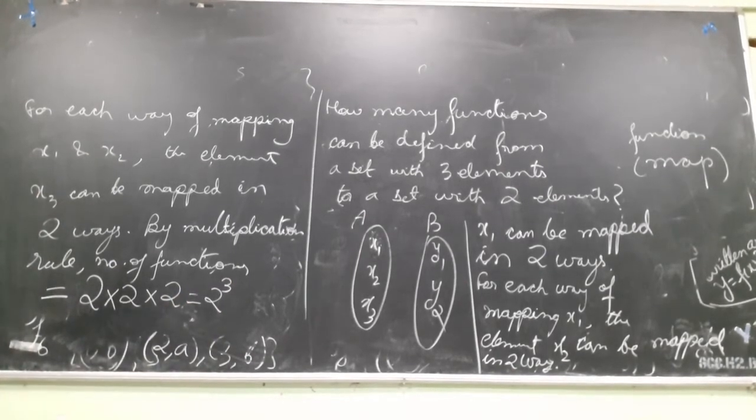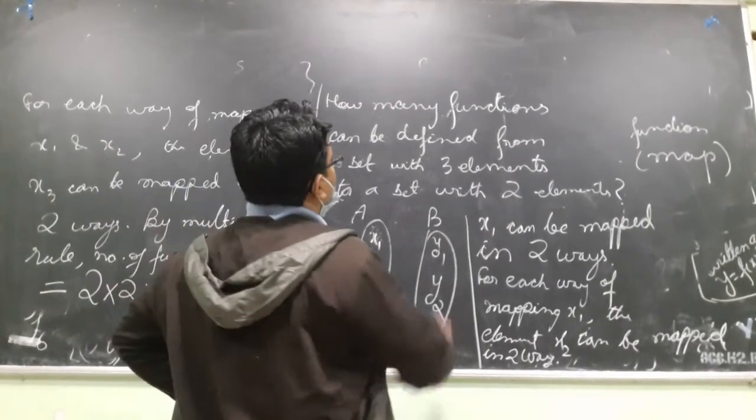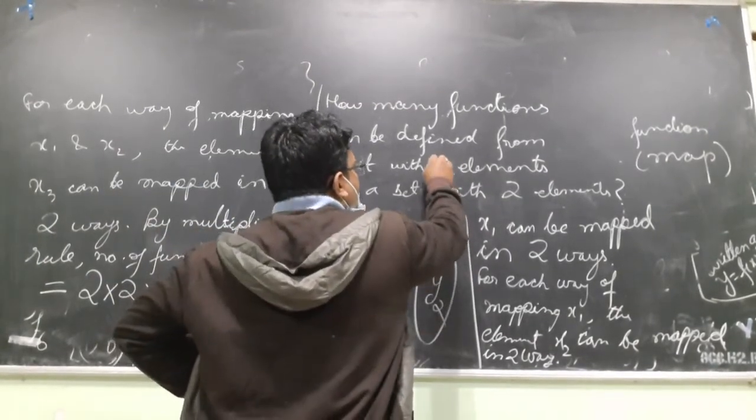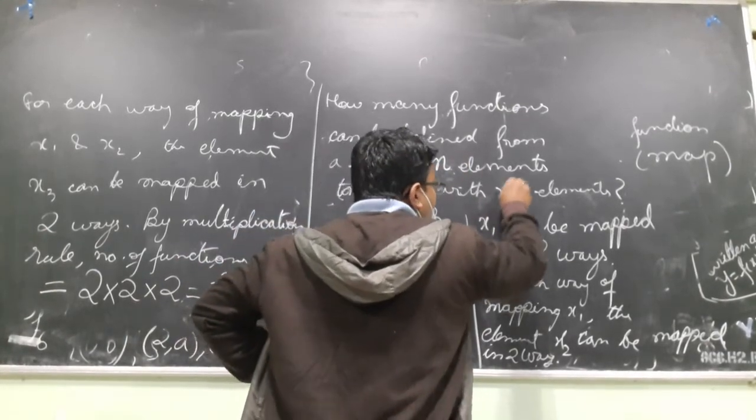So if the first set has 3 elements and the second set has 2 elements, the number of functions is actually 2 to the power 3. Now try the same logic to find how many functions can be defined from a set with m elements to a set with n elements.